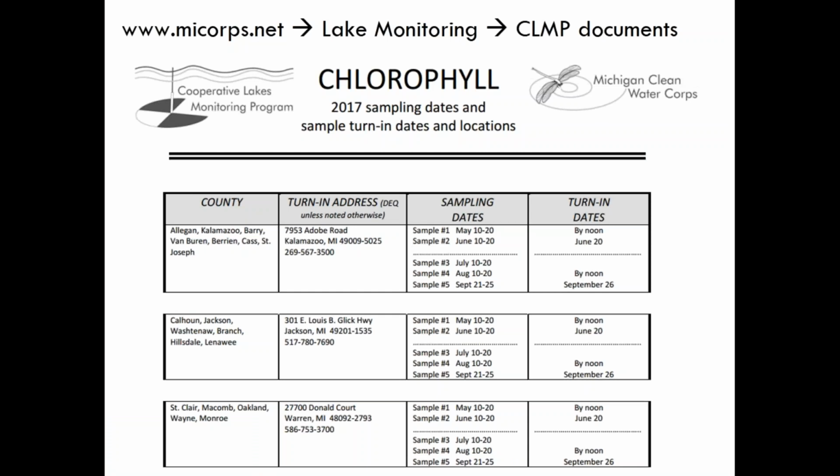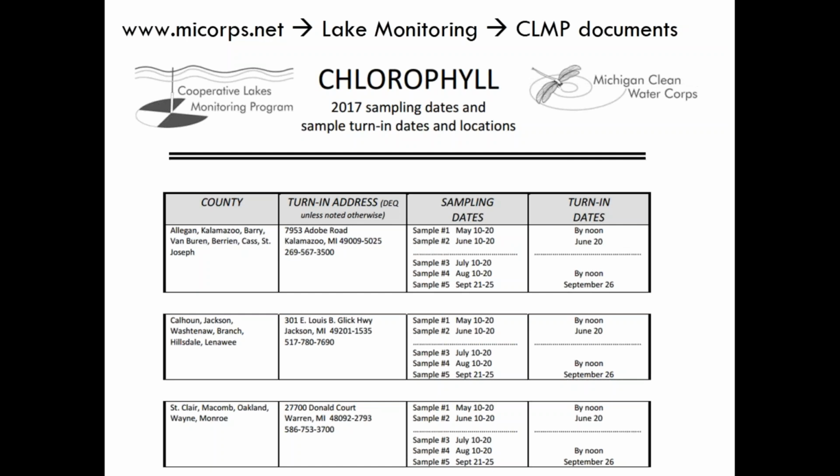It has the sampling dates in the third column, and when you're turning your samples in in the fourth column. Now you'll see samples 1, 2, 3, and 4. They always fall between the 10th and the 20th of those particular months. No matter where you are in the state, that will be true. So you'll always be trying to get your sample in that 10-day period.